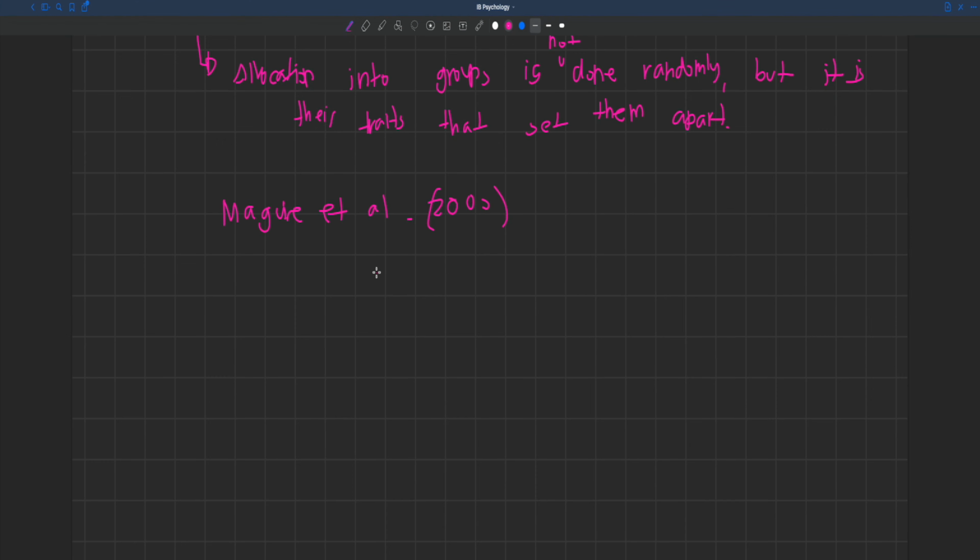This is an example of a quasi-experiment, because the allocation into groups is not done randomly, but is based on their traits, because they are separated into taxi drivers and non-taxi drivers.